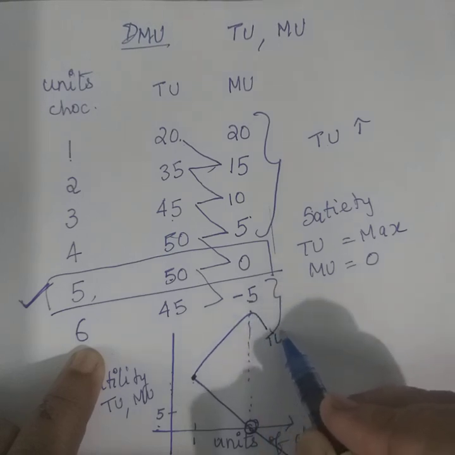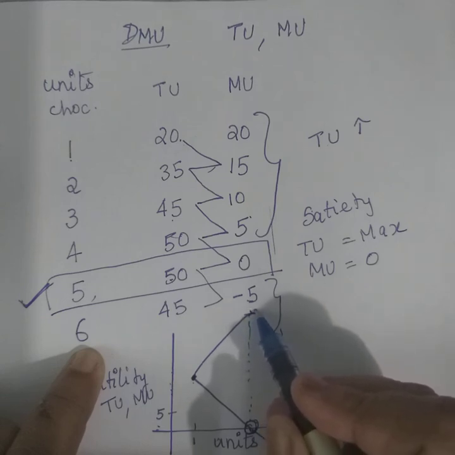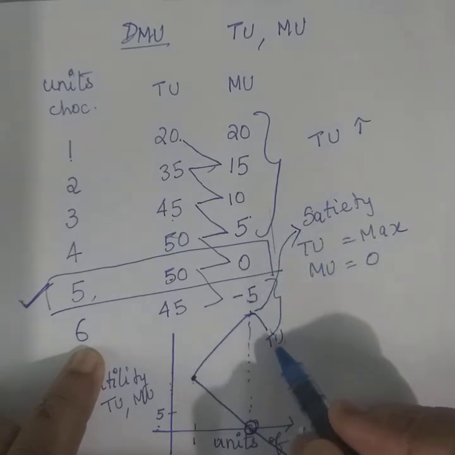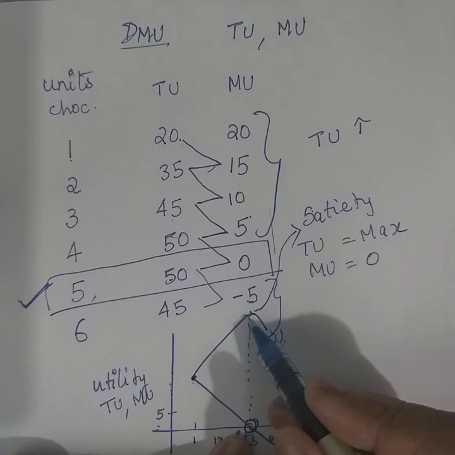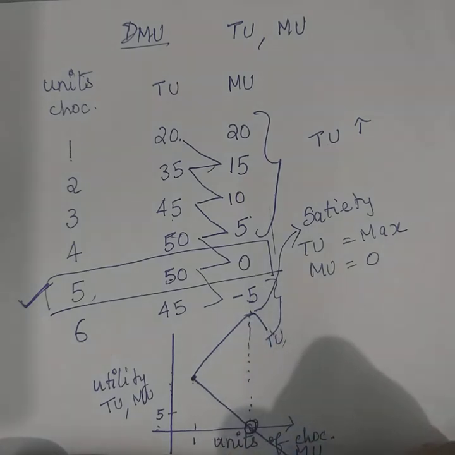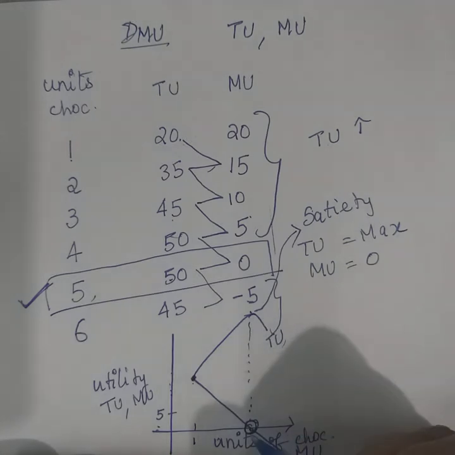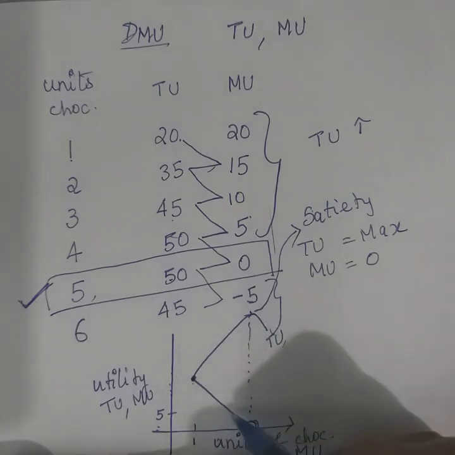Total utility increases, then there is a constant phase, which is the maximum, the point of satiety, and this is how the total utility falls. When marginal utility is 0, you can see that the total utility is at its maximum, and after that when marginal utility becomes negative, you can see that the total utility starts falling. Till then, total utility increases.